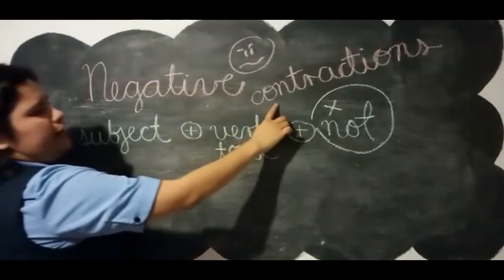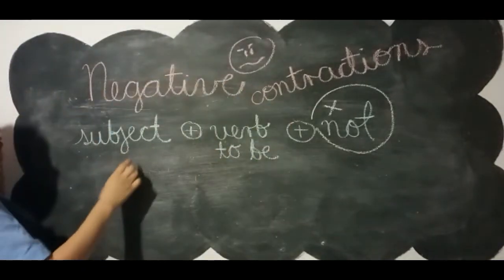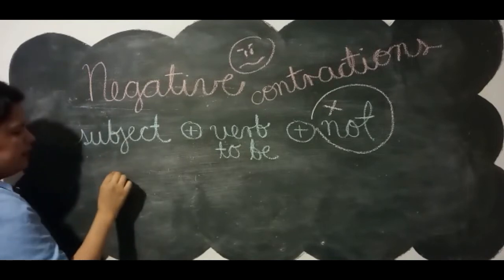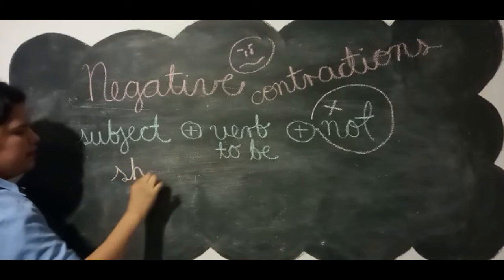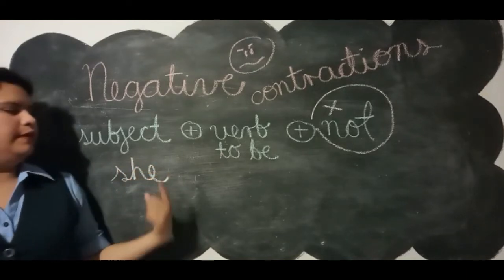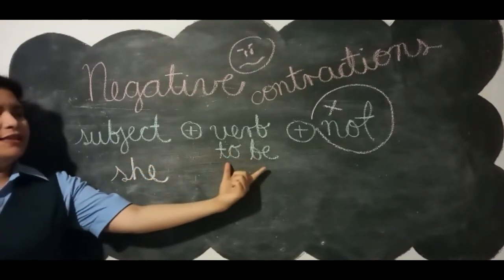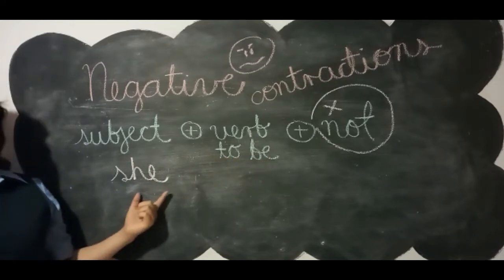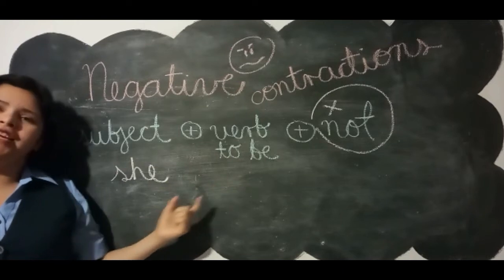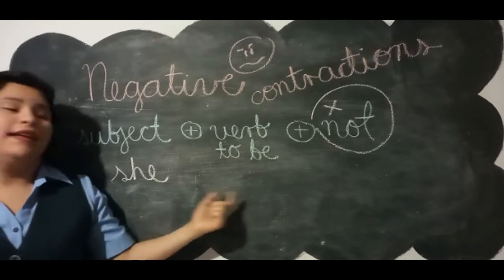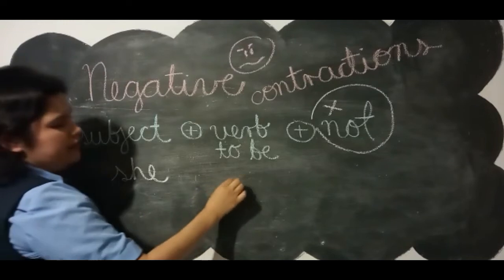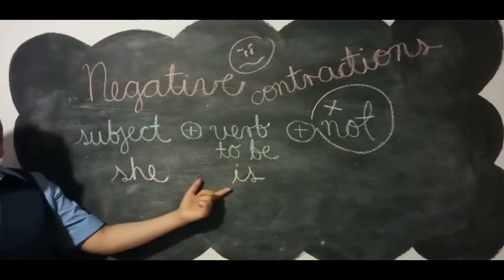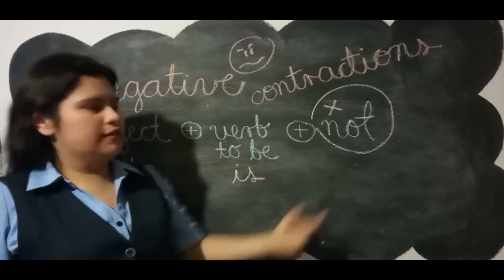For negative contraction, we use a subject, for example, she. Now the next element is going to be the verb to be. She is, she are, or she am. Okay, so we will need she is. She is not.